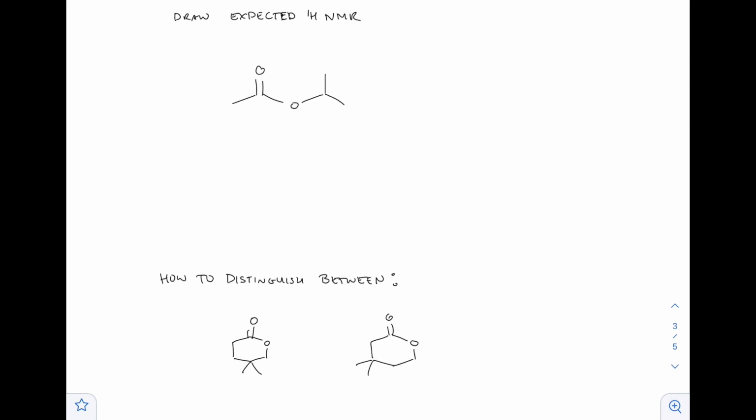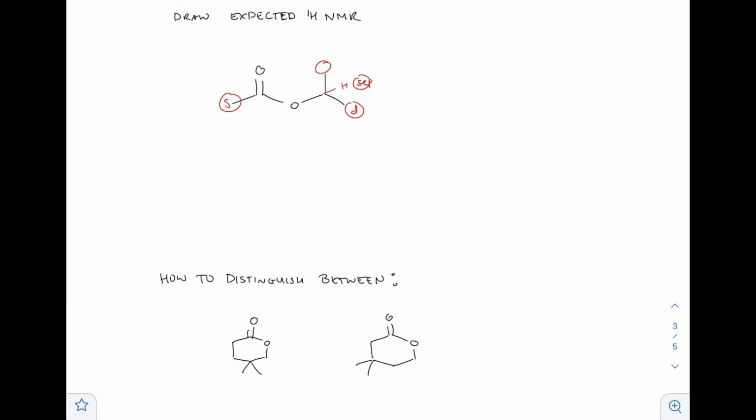Okay, so this is where we're going to put together our knowledge that I've gone over. So this is going to be a singlet. This right here is going to be a septet, because there's 3 here and 3 here, which are actually doublets.